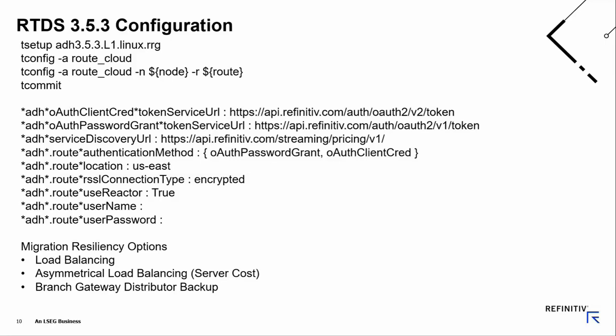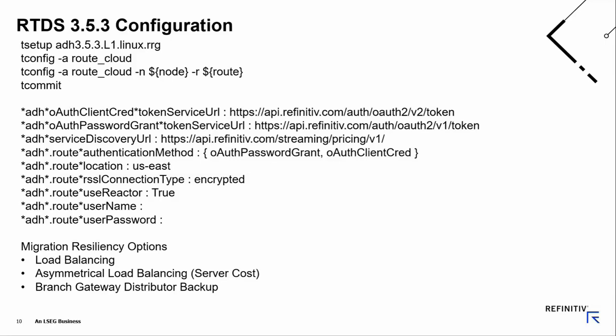I'll try to get into all these details, but we can talk about migration and resiliency as well. It's from a single ADH or multiple ADHs. You can bring in both your edge device servers and your RTO servers, and you can load balance across them. You can do what we call ALB, asymmetrical load balancing, so you can apply different costs to different groups or servers.